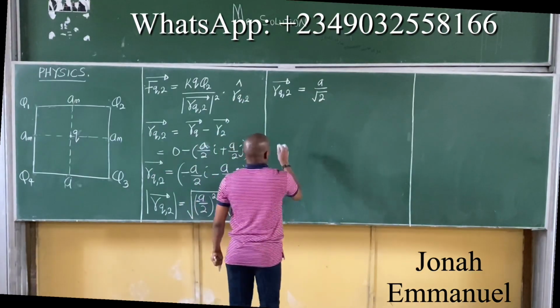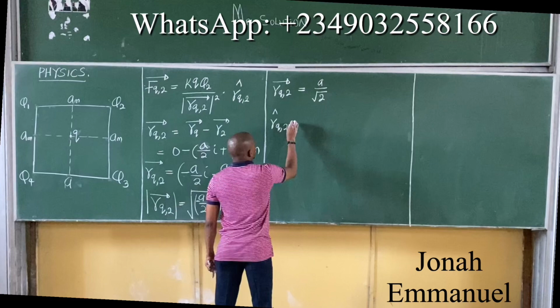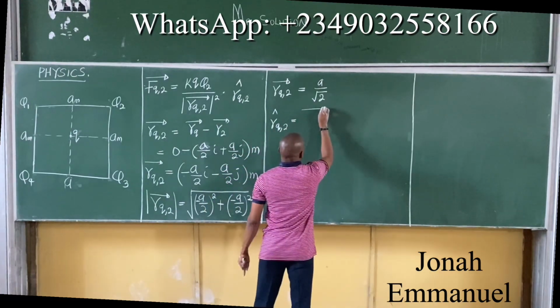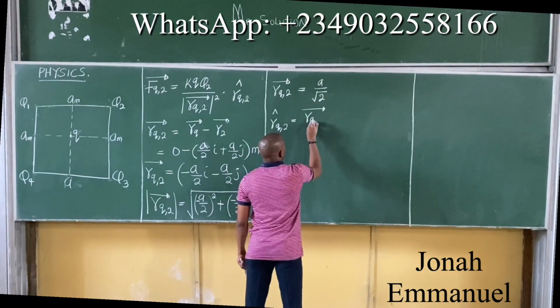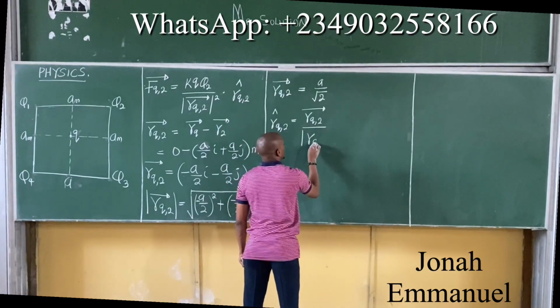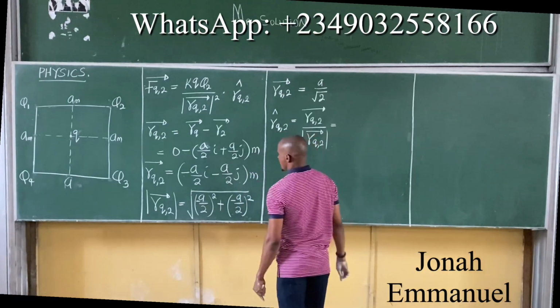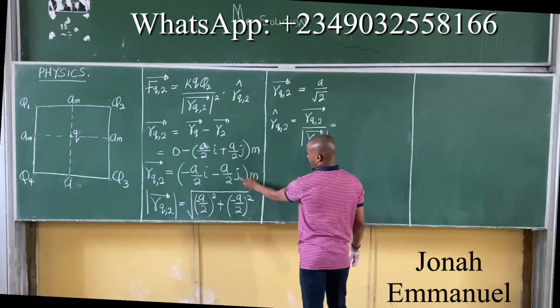Let's now get the unit vector. Unit vector of rq2 is equal to position vector of rq2 all over magnitude of rq2. I'm having this. That's equal to, position vector is this one here.